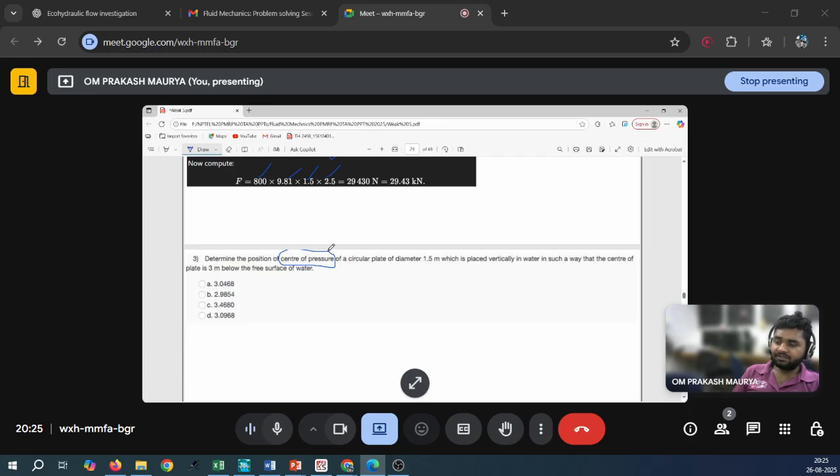The situation is given here. The diameter is 1.5 meter.